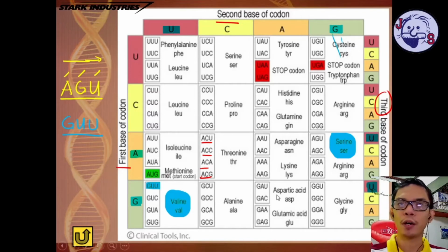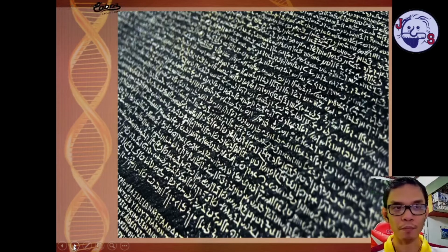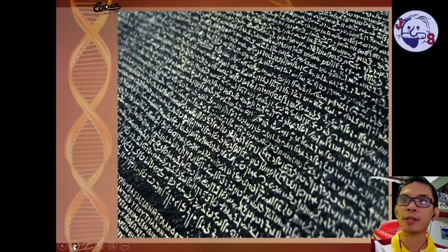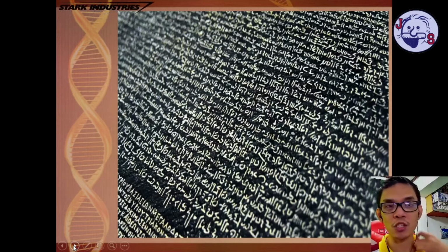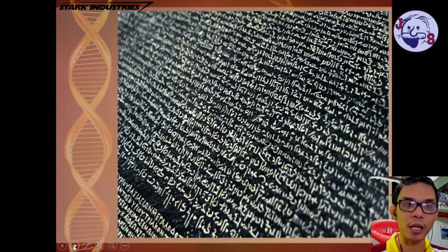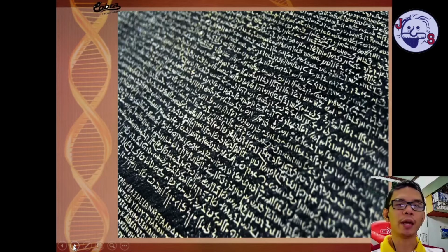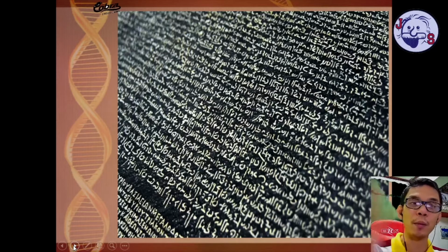So we have here the Rosetta Stone. In order for you to understand it, by the way, the Rosetta Stone is an artifact from ancient Egypt. It contains some rules and laws from those ancient times, in this written language that you have right here.